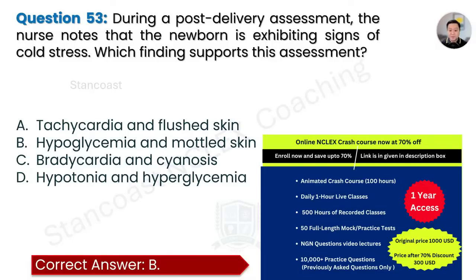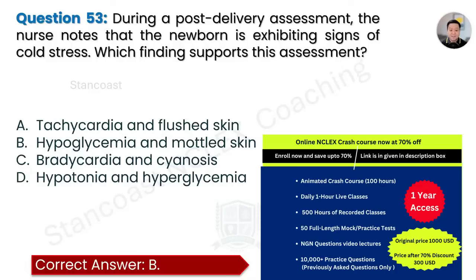and vasoconstriction, which will cause mottling or pale skin. So in this case scenario, you have to identify cold stress symptoms, focusing on metabolic and circulatory changes, such as hypoglycemia and vasoconstriction, and you have to eliminate those options suggesting hyperthermia or unrelated findings. For letter A, tachycardia and flushed skin are manifestations of hyperthermia, overheating.